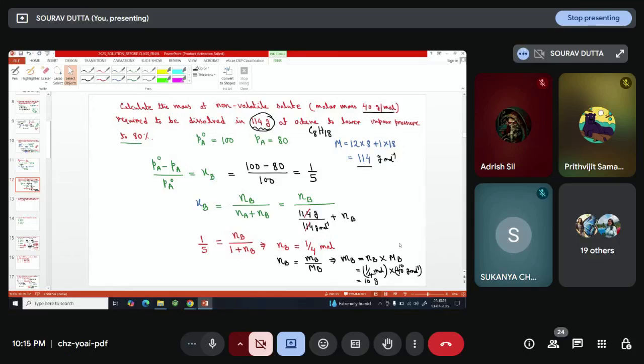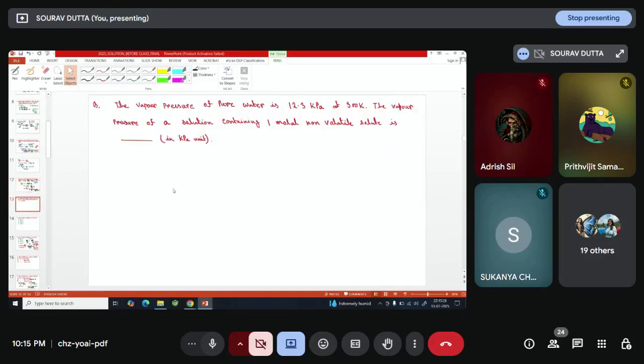Next, the vapor pressure of pure water is 12.3 kilopascal at 300 Kelvin. The vapor pressure of a solution containing 1 molal non-volatile solute is what?